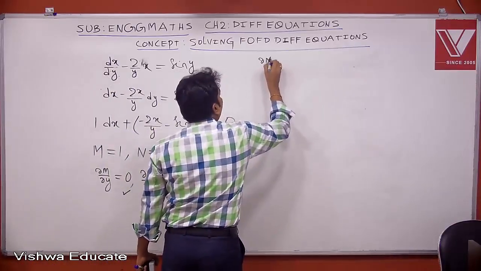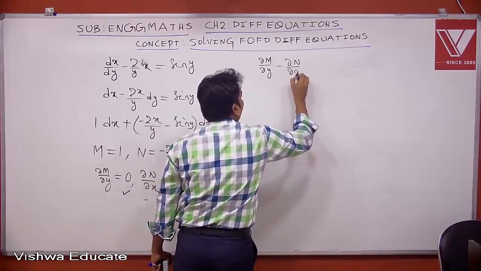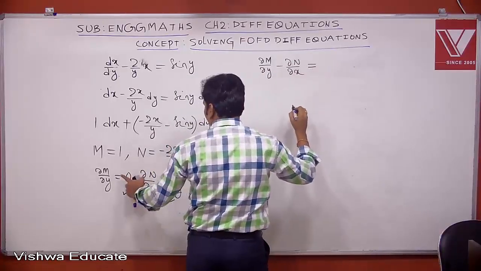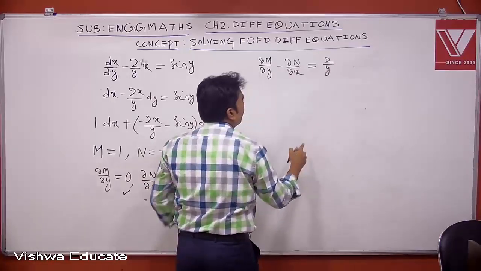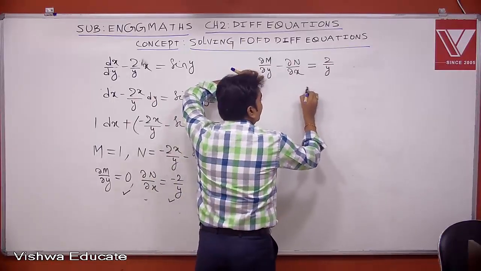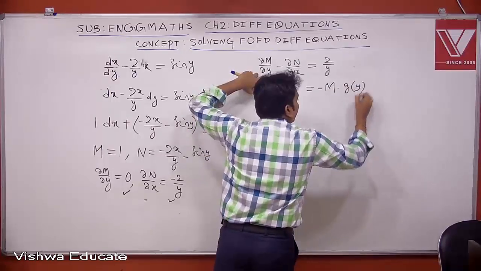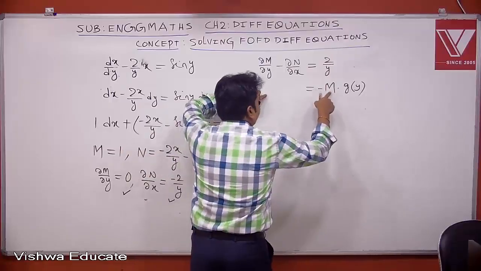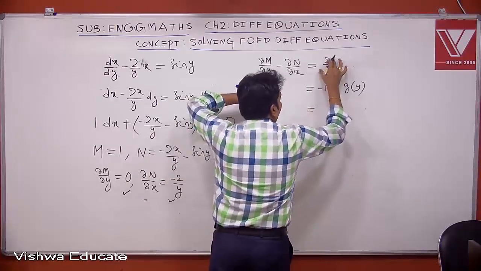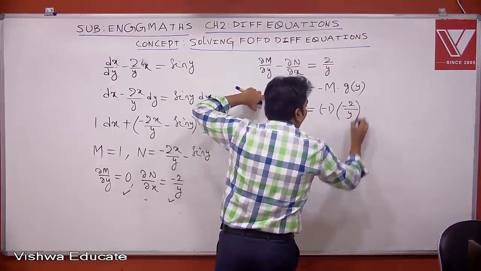Now let us try to find the difference of these two quantities. It is dou M by dou y minus dou N by dou x equal to 0 minus of minus 2 by y. It is 2 by y. But to get case 4, it must be in the form minus M into g of y. So what is the M value? M value is 1. Therefore, 2 by y I can write as minus 1 into minus 2 by y.